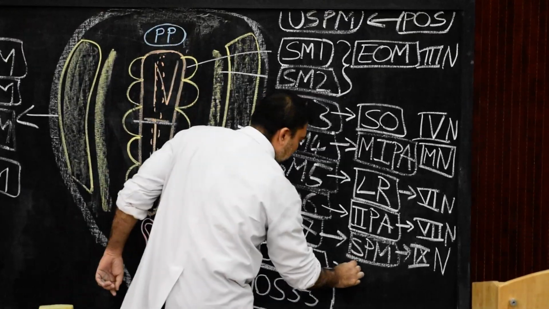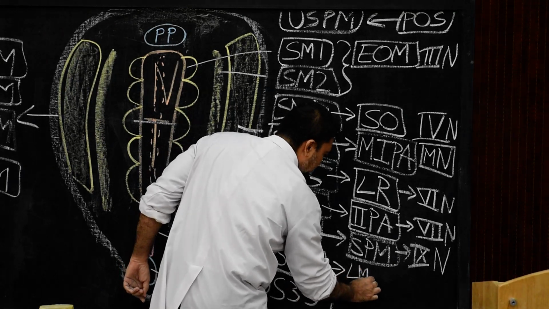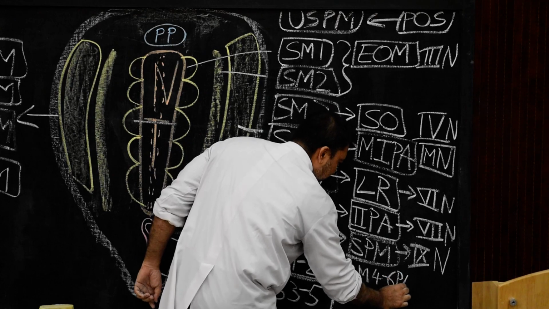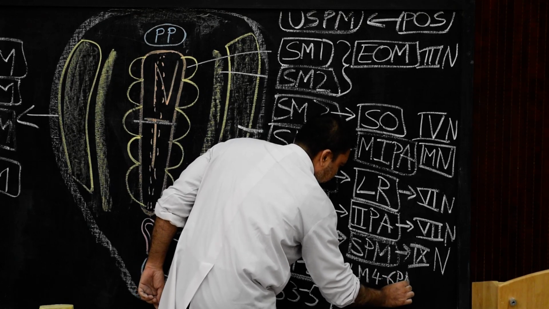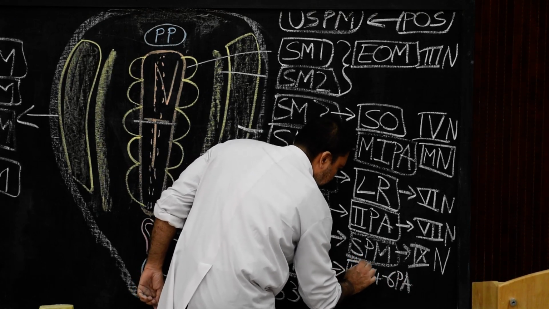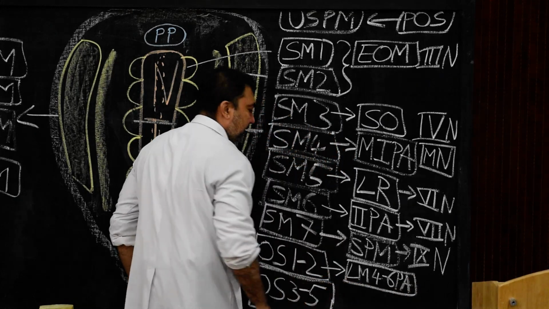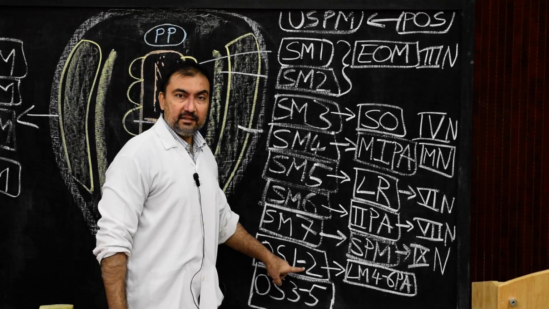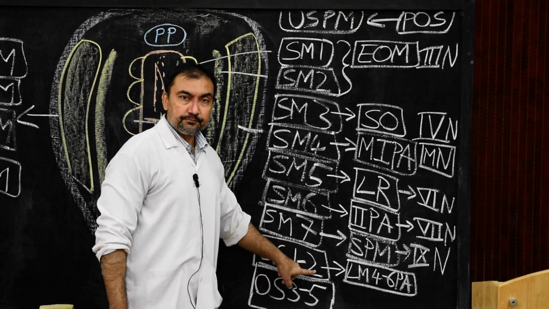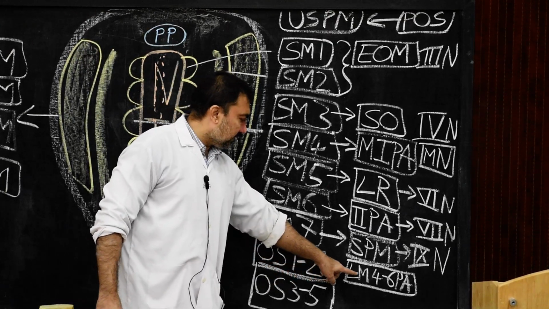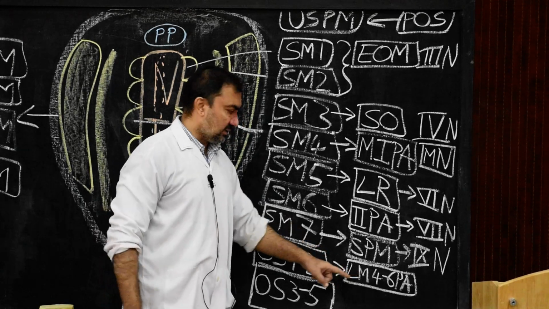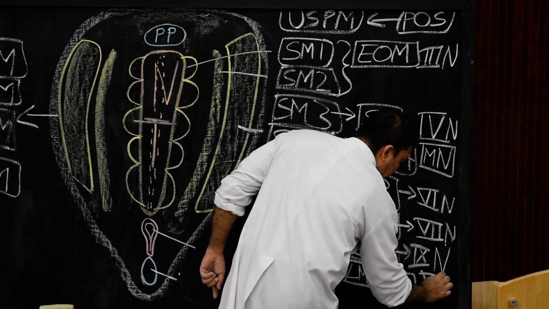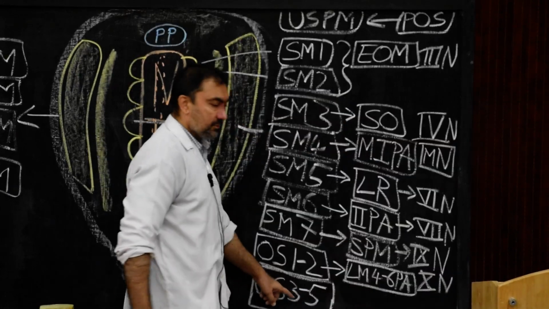Now note down, the laryngeal muscles which develop from the 4th and 6th pharyngeal arches will develop from occipital somites 1 and 2. And they are supplied by which nerve? Vagus nerve.